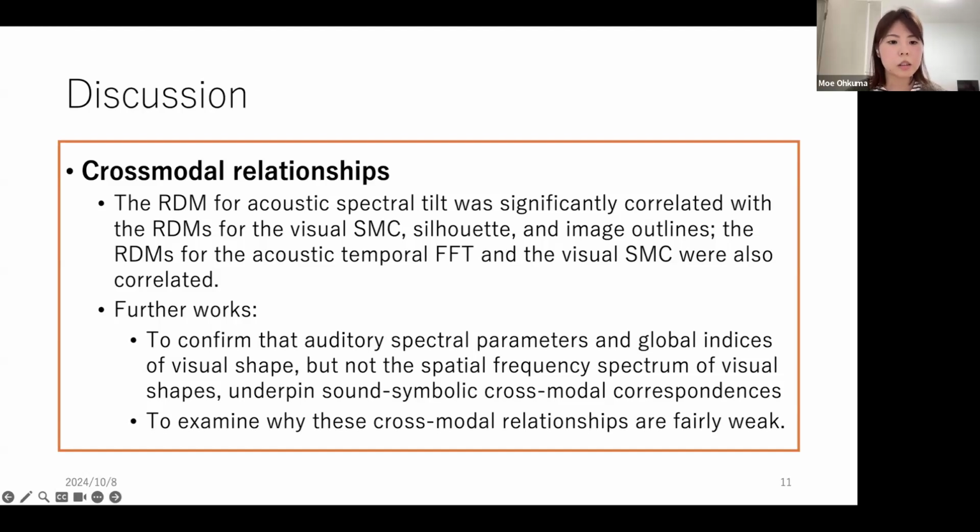And they suggested further work. The first is to confirm that the auditory spectral parameters and global indices of visual shapes, not the spatial frequency spectrum of visual shapes, underpin sound symbolic cross-modal correspondence. The second is to examine why these cross-modal relationships are fairly weak.